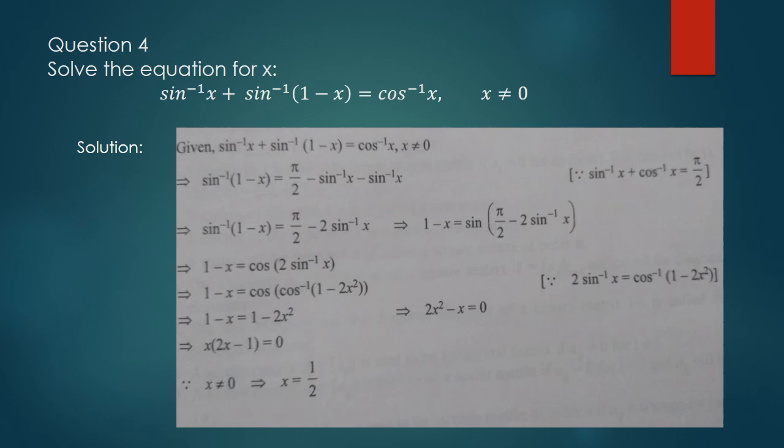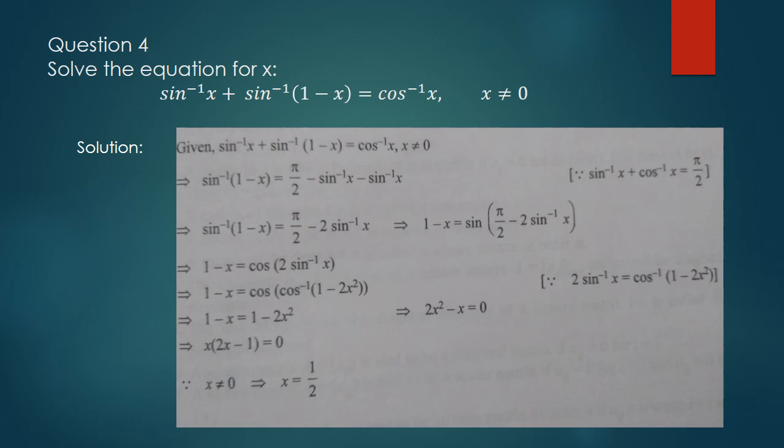Then from LHS we will transpose sin inverse x to right hand side. Then on right hand side, sin inverse x and sin inverse x will be added together. It becomes pi by 2 minus 2 sin inverse x. Now sin inverse x will be transposed to right hand side.